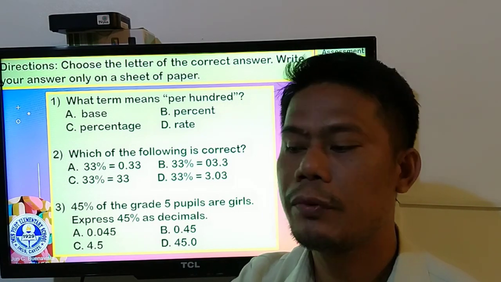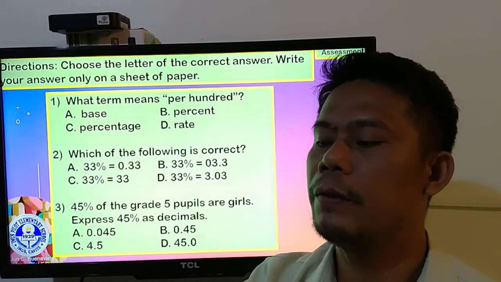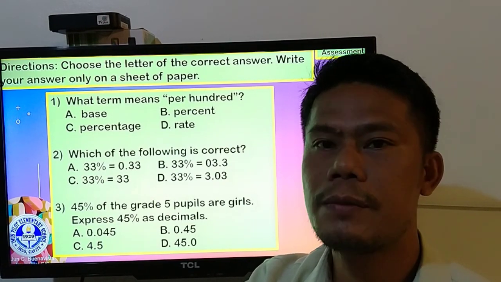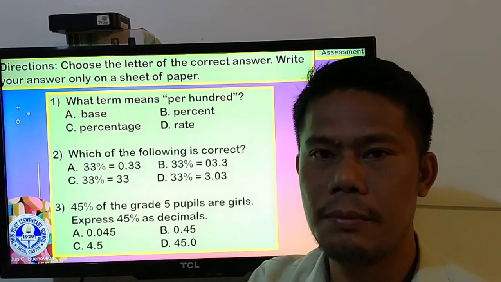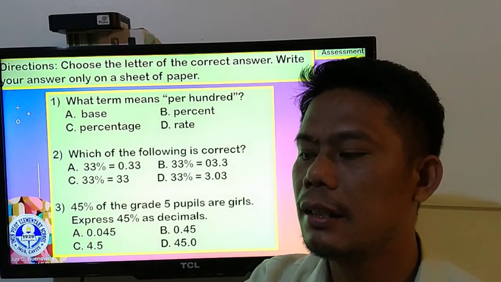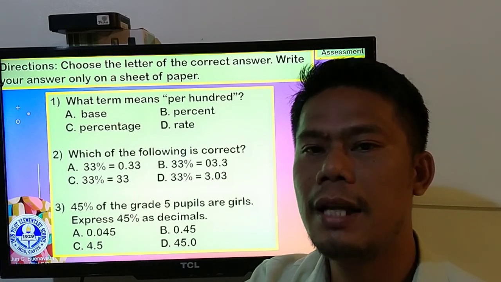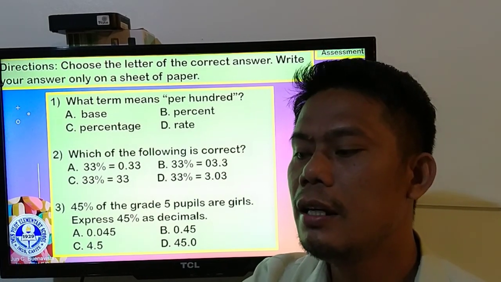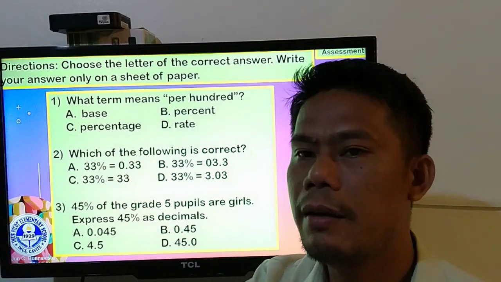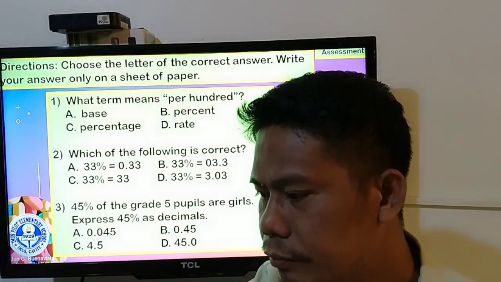Number 3. 45% of the grade 5 pupils are girls. Express 45% as decimals. Letter A, 45 thousandths. Letter B, 45 hundredths. Letter C, 4 and 5 tenths. Letter D, 45 and 0 tenths.